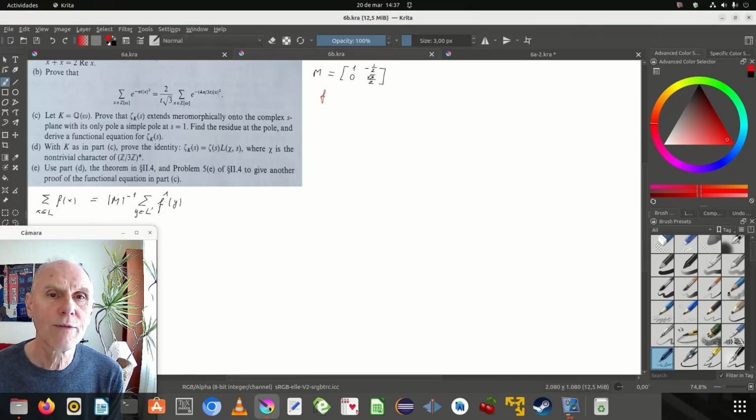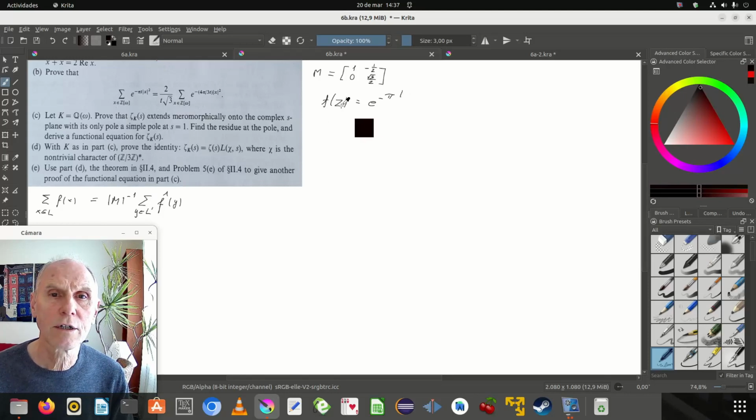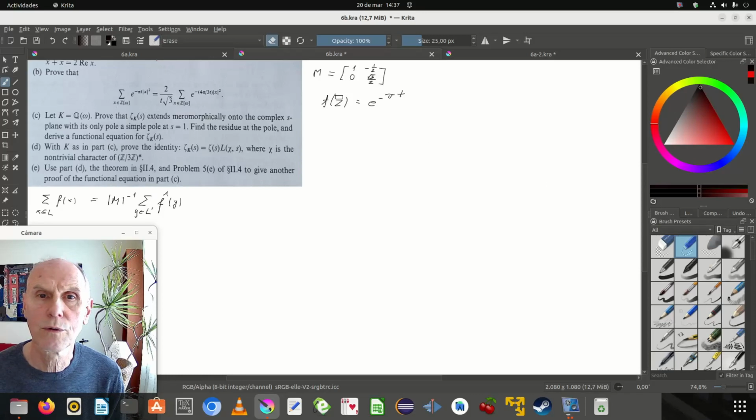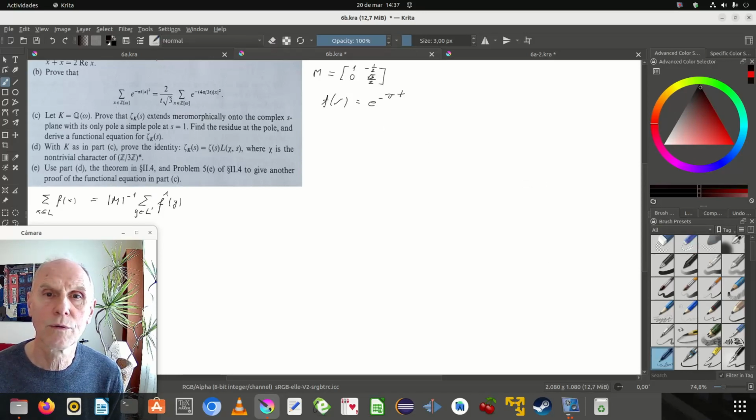So that is, we have a black F, let's call it X, because it has two components.